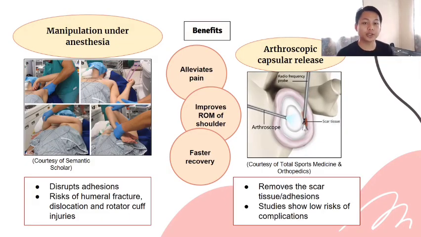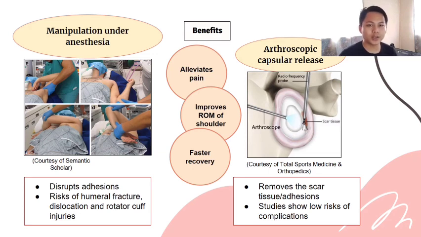There are two types of surgical interventions, which are manipulation under anesthesia and arthroscopic capsular release. For manipulation under anesthesia, the patient will receive anesthesia, which makes the patient unconscious for a period of time and feel no pain during treatment.